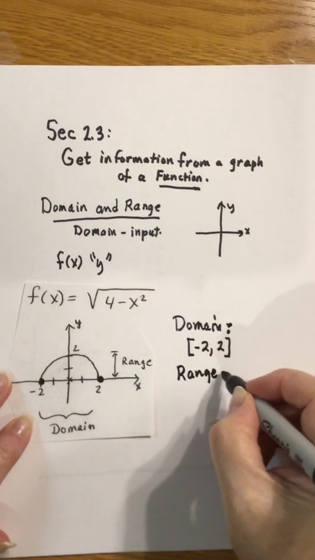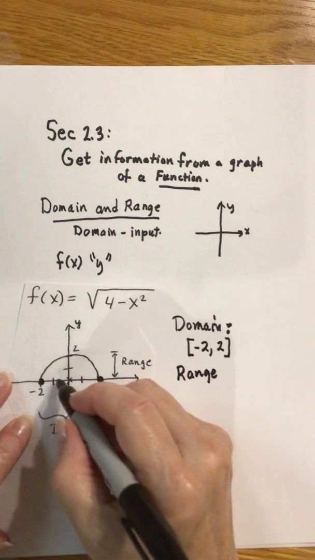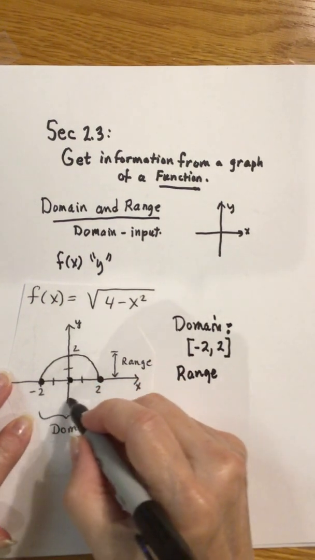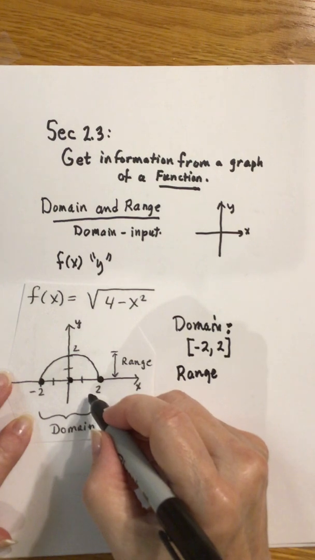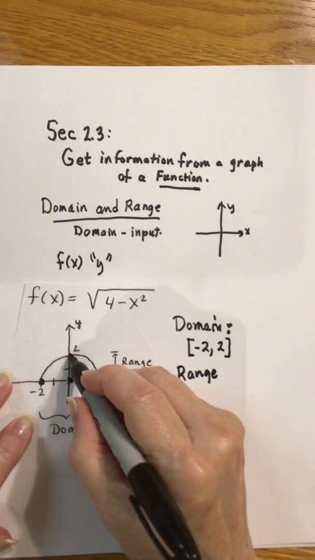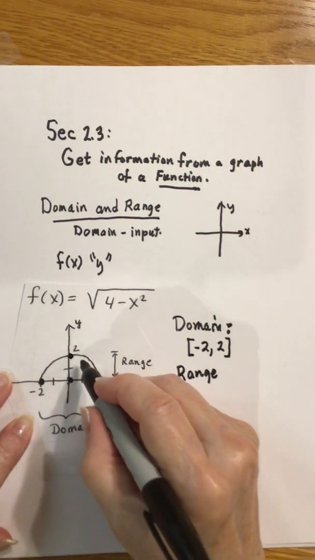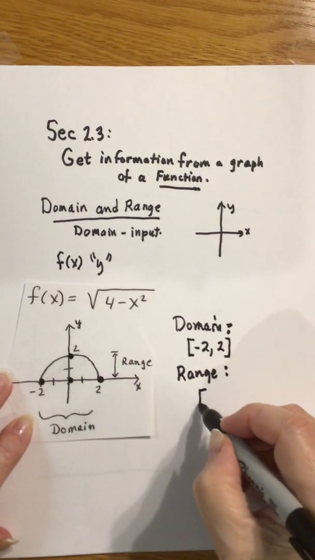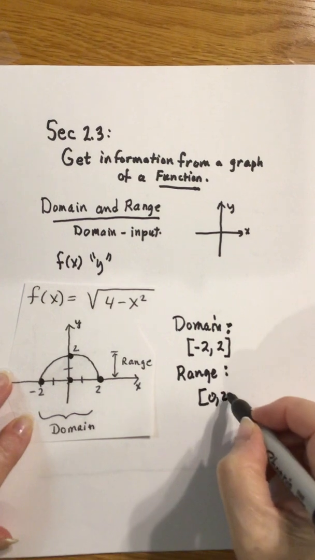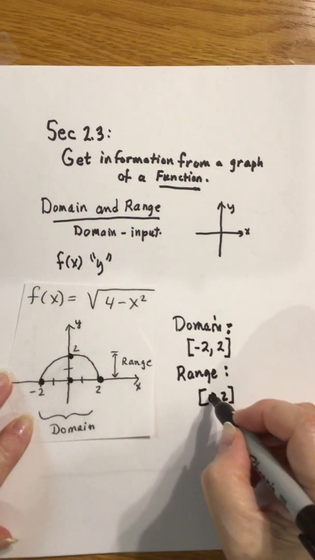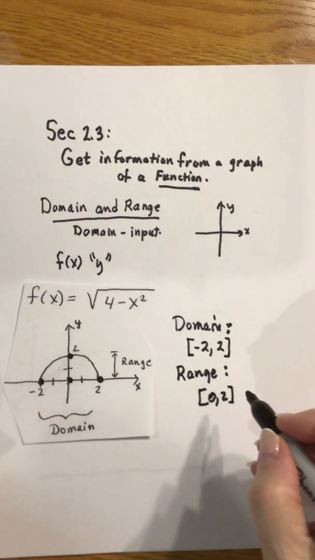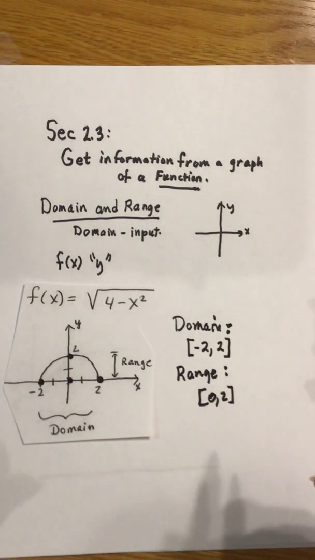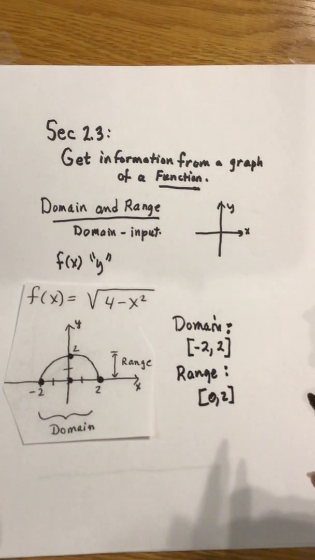So the range on this one then, the lowest it goes is 0, because there's no y values down below, and the highest it goes is 2. So our range is going to be from 0 to 2. Again, we've got brackets. So give everybody a chance to catch up to that point first with that graph.